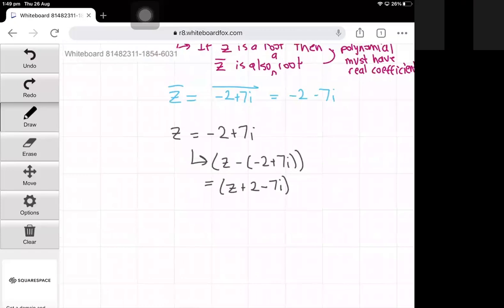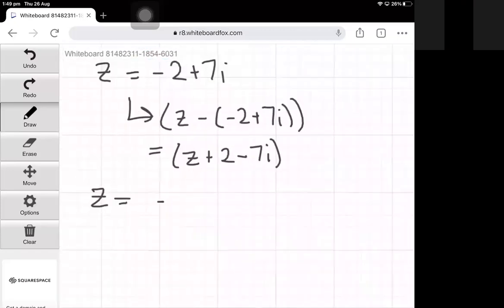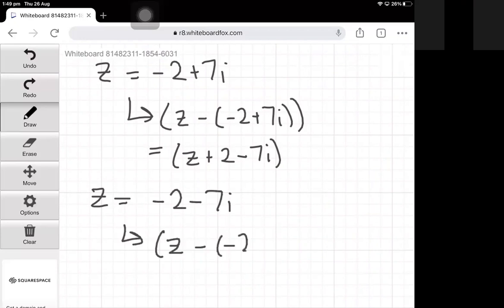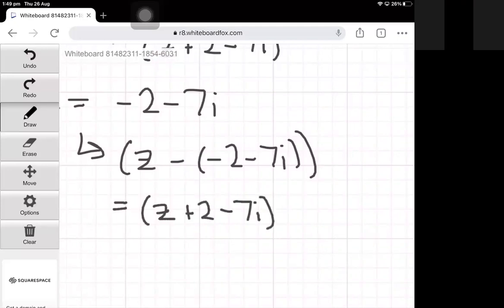And also using our second root, z equals -2 minus 7i, we have another linear factor of z minus (-2 minus 7i), and we get z plus 2 plus 7i.